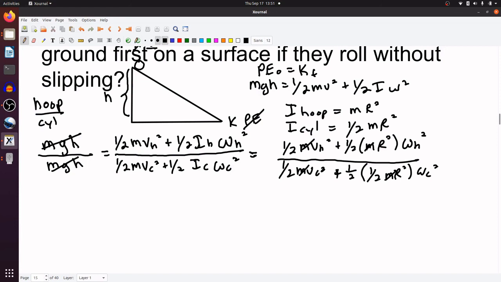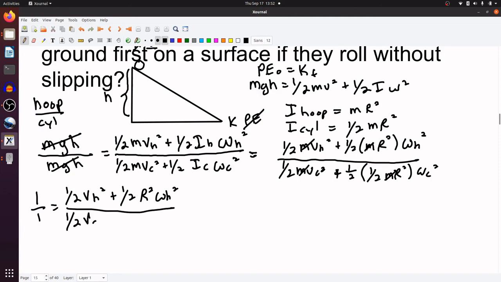All right, so let's rewrite this and make it a little cleaner. This is essentially just 1 over 1, or I can just call it 1. And then up top, it's going to give me 1/2 of v_H squared plus 1/2 of r squared omega_H squared over 1/2 of v_C squared plus 1/4, 1/2 of r squared omega_C squared.